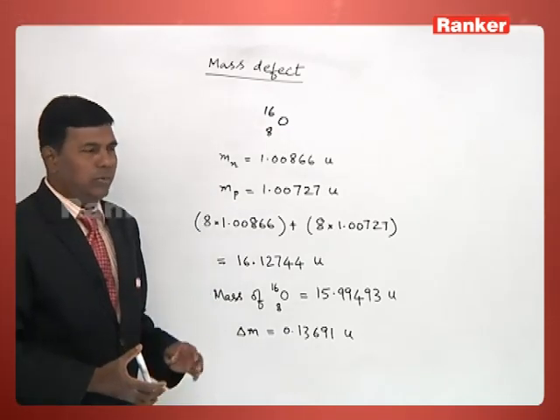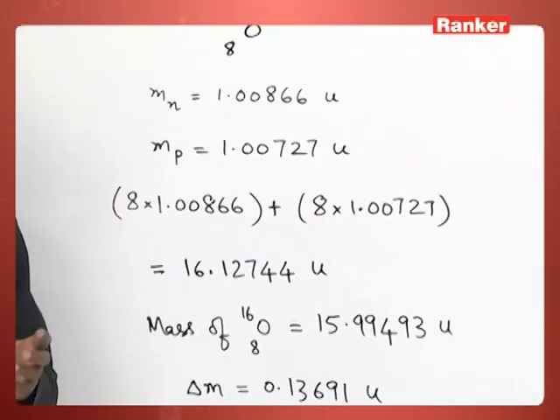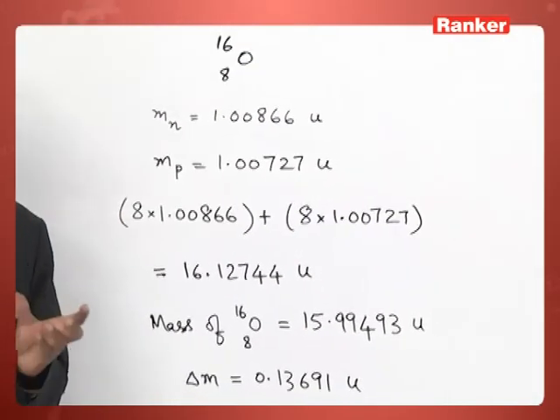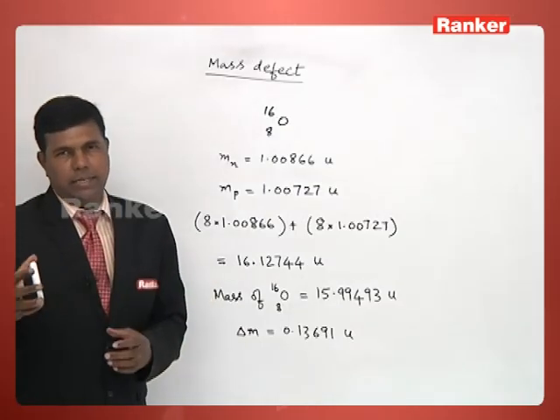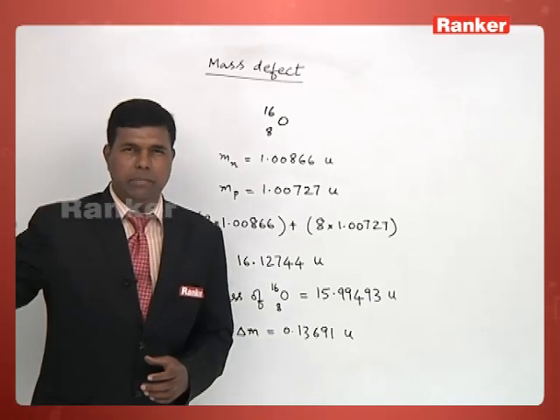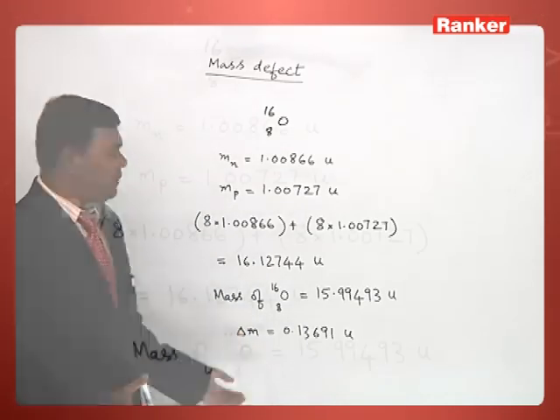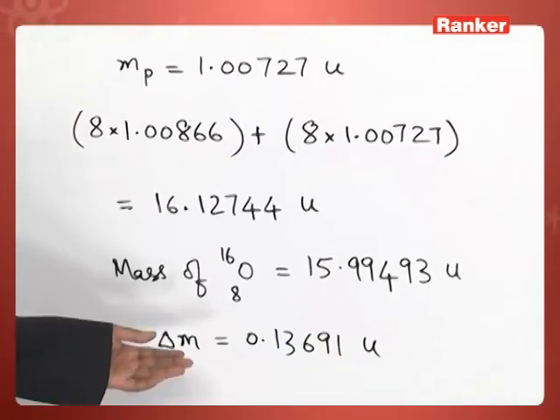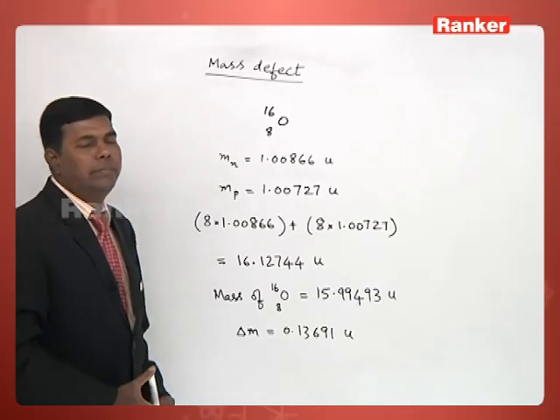So this is what mass defect means. The sum of all the masses of individual nucleons put together and the mass of the nucleus determined using experiments, the difference between them is known as mass defect. In the case of the oxygen nucleus, this is equal to 0.13691 AMU.